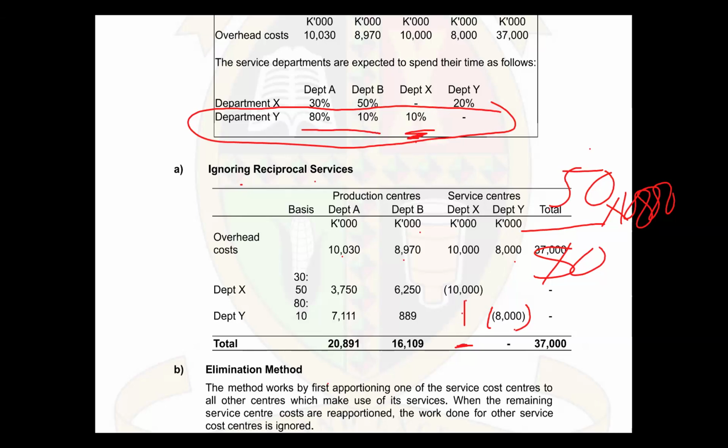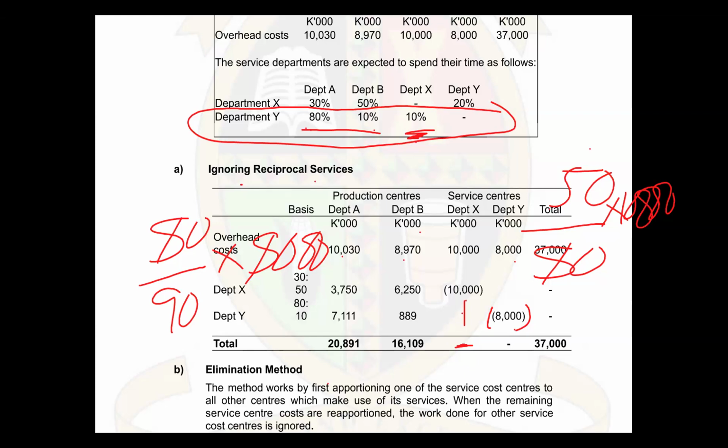To see how much goes to A, we'll just say 80 divided by the total of A and B, which is 80 plus 10, giving us 90, multiplied by how much we are allocating, 80,000. How much should go to A? 7,111.